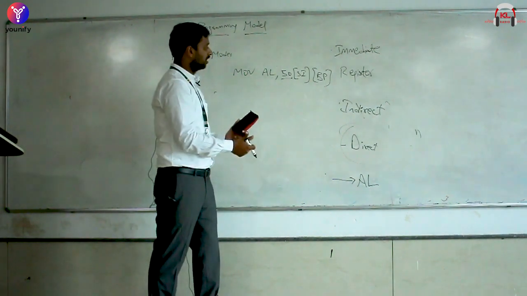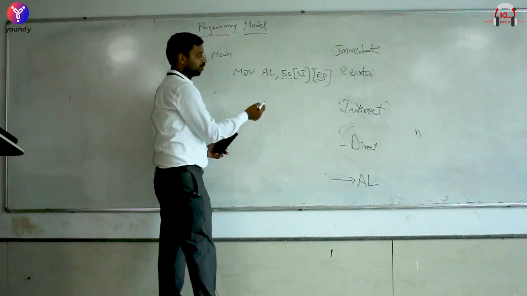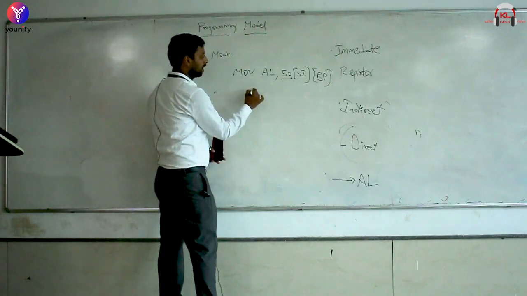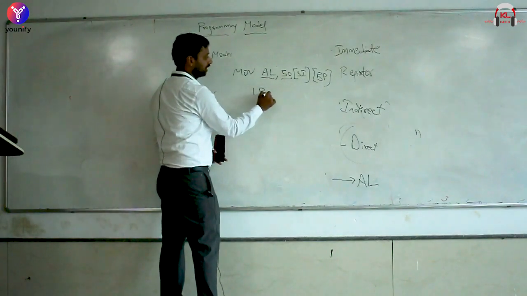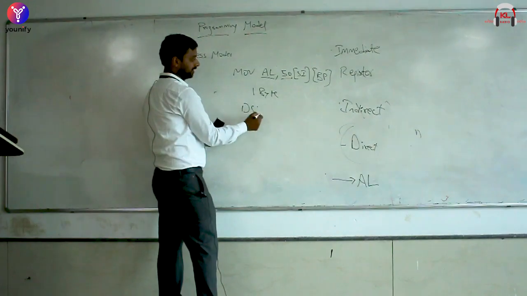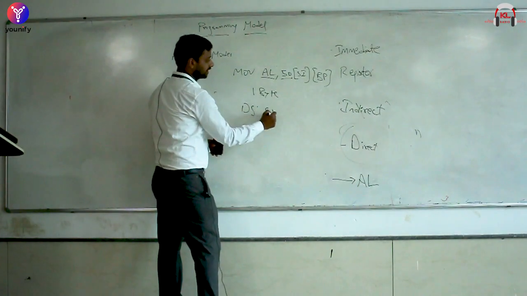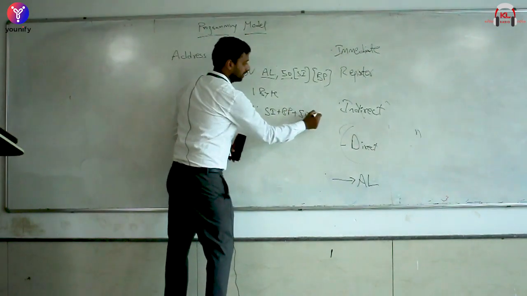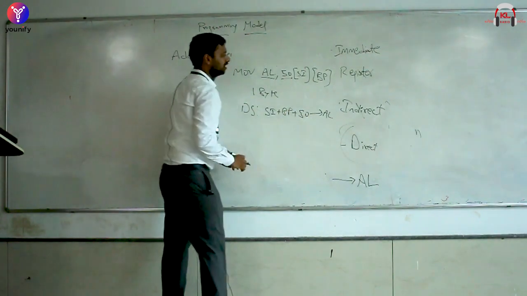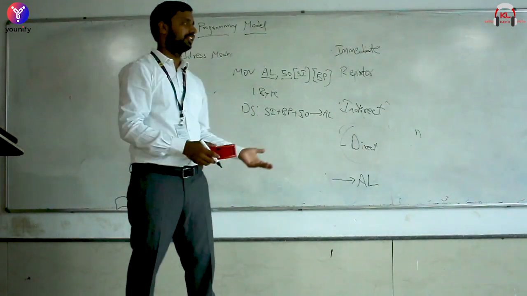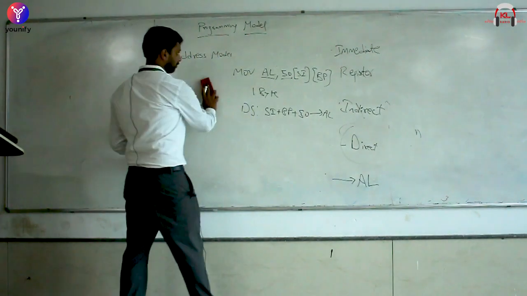How do I coin the explanation about it? What is the data getting copied? It is 1 byte of data from, I didn't give anything, so it is DS colon SI plus BP plus 50 is getting stored in here. So this is a pretty much simple explanation that you can have for any addressing mode.